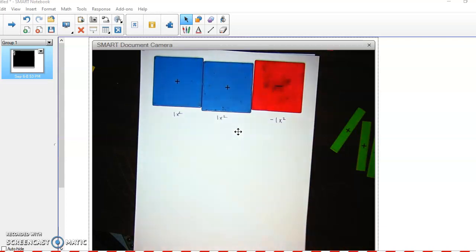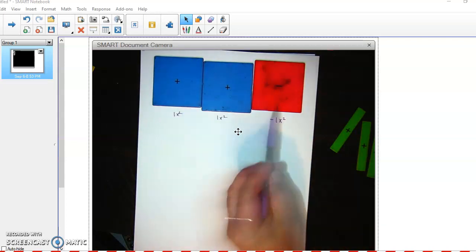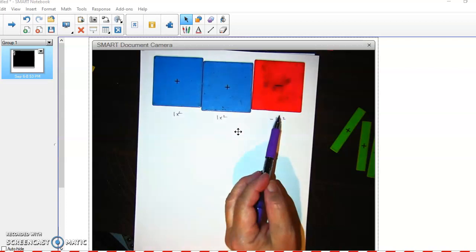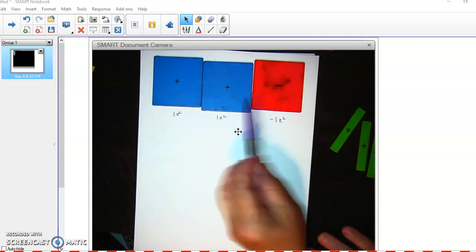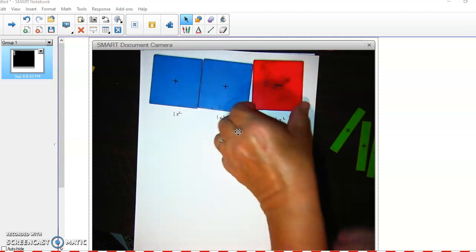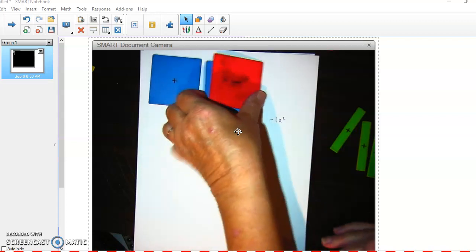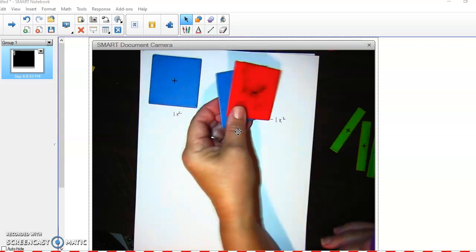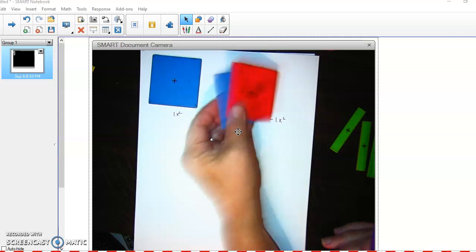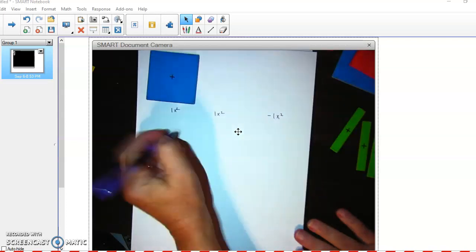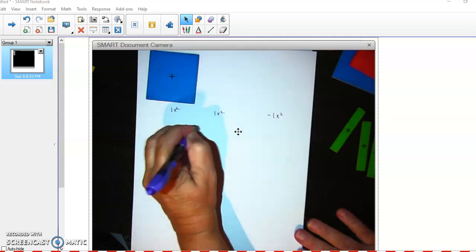When we combine them, again, they look alike, so we can combine them, but this one's a negative. Well, when you have a positive and a negative, they cancel each other out, right? So that's called creating a zero pair. Just eliminates each other. It just cancels them out. So what we're left with is 1x squared.